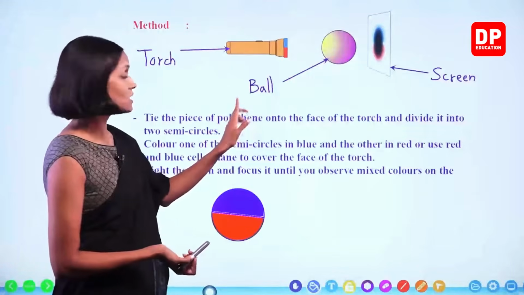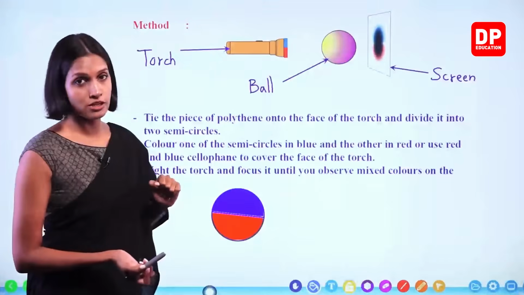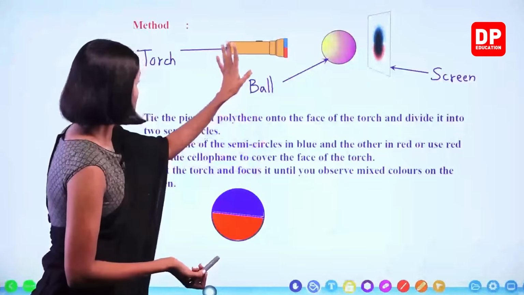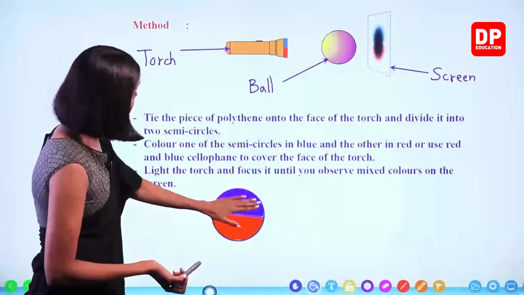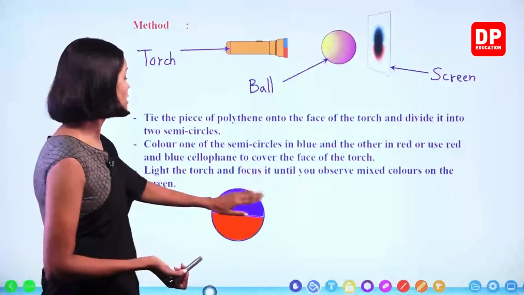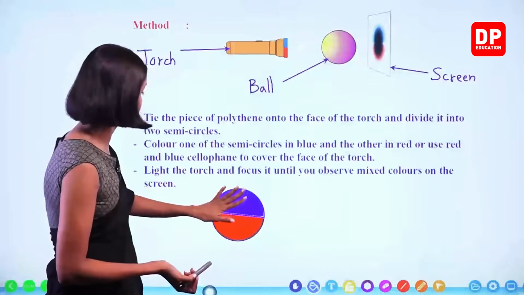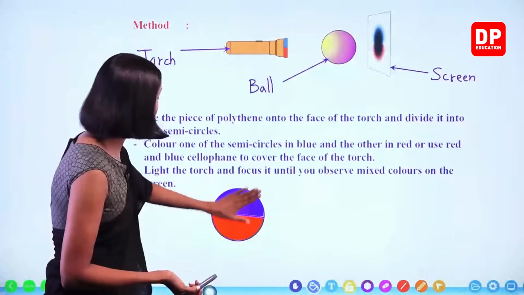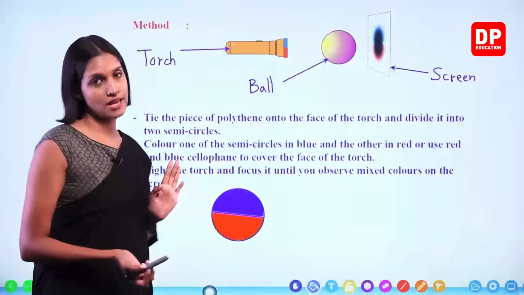If you use polythene, it's better to use a plain piece of polythene, colorless polythene, and then you can color each half with red and blue. Otherwise, as I told you before, you can use two pieces of cellophane, one piece red, one piece blue, and cover each half of the face of the torch with red and blue cellophane as well.